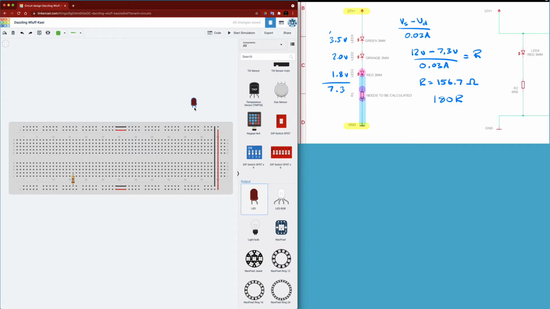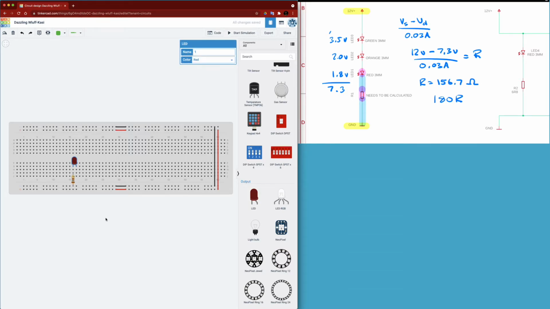The short leg is negative, and on the schematic diagram, the line is negative. So the other half of that resistor, the other lead on the resistor, is connected to the negative lead on the LED. So I'm going to go place this right there.